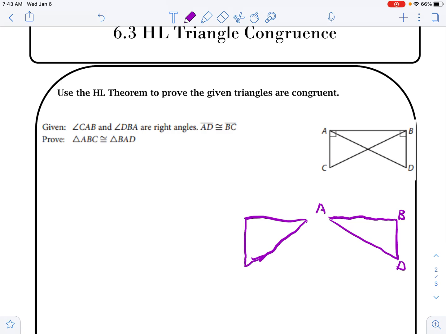So this would be triangle BAC. It says that CAB is my right angle, and DBA, D to B to A, are right angles. And then it says this is congruent. So I'm just pointing that out to you, and you'll go through and write that proof just like I did in the two above it.